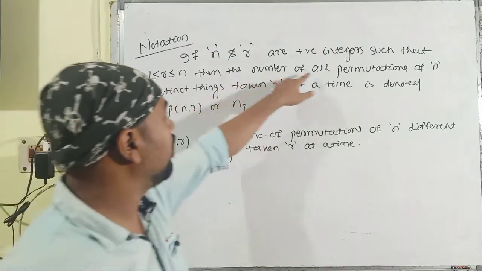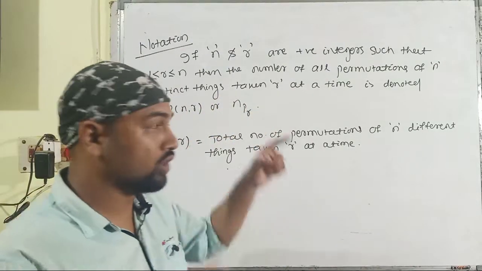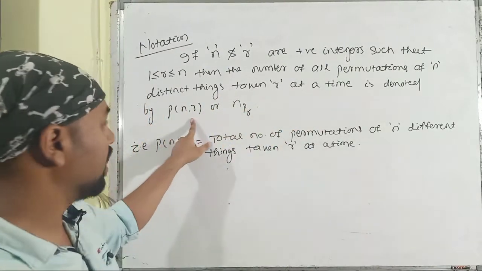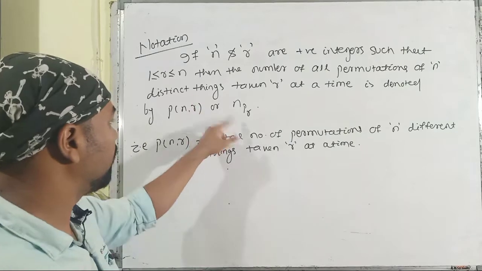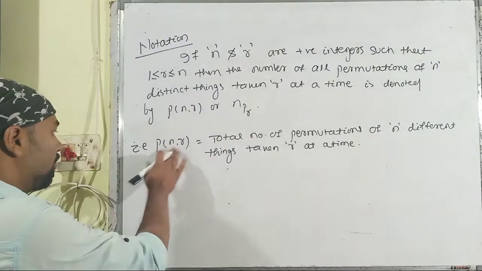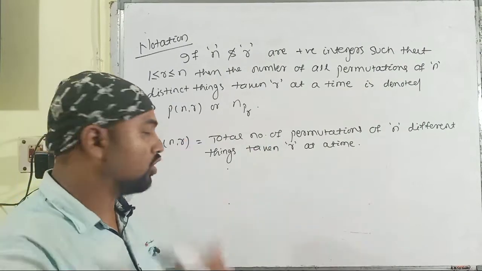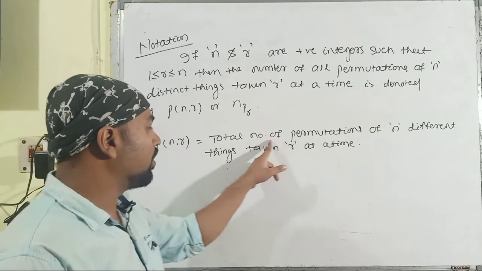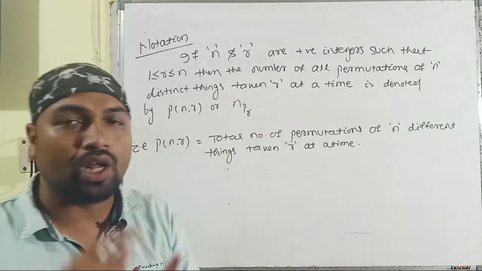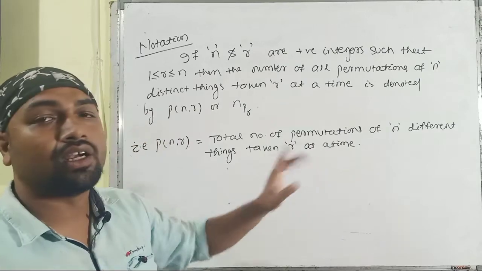Then the number of all permutations of n distinct things taken r at a time is denoted by P(n,r) or nPr. The 2 types of notations are there. You can choose either of them. So P(n,r) simply denotes the total number of permutations, or the total number of arrangements, of n different things taken r at a time.